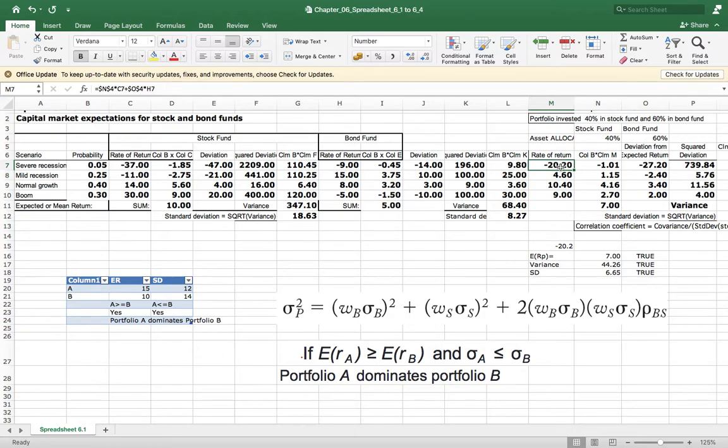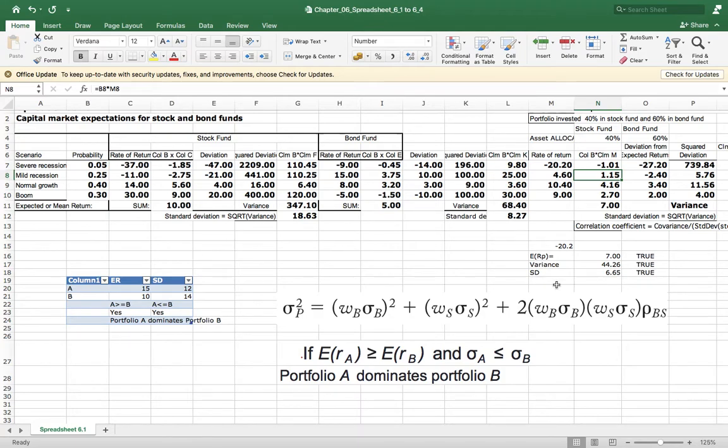The possibilities of returns are here, but you need to multiply the probability with the possibility. The same way you calculated for stock and bond, you have to calculate for your portfolio. Therefore, in column N, you multiply the possibility of return by the probability. That means minus 20.20 multiplied by 0.05, column B, will give you minus 1.01.